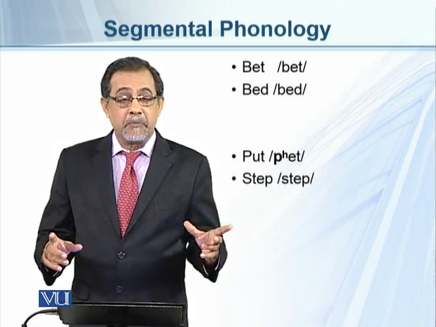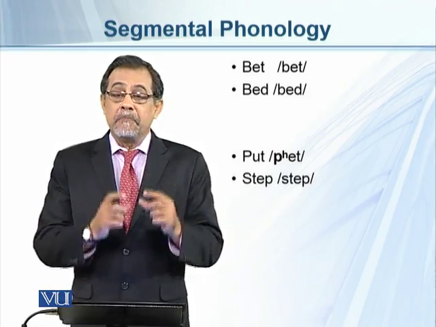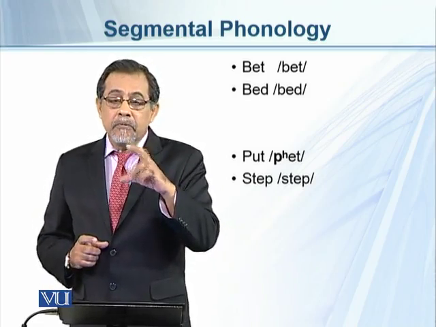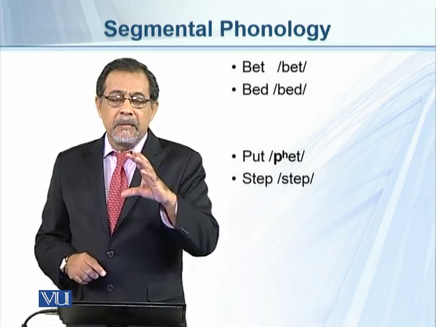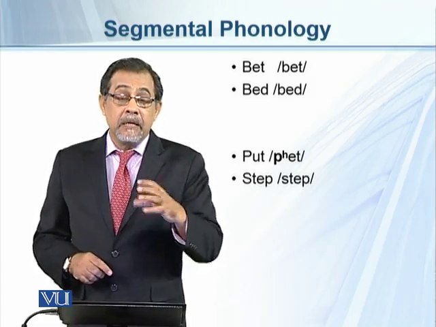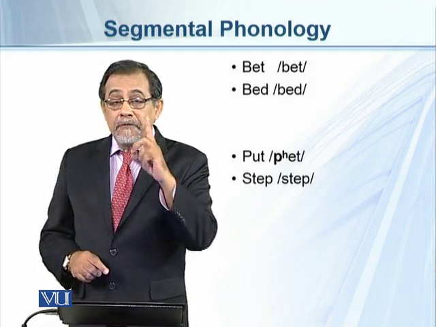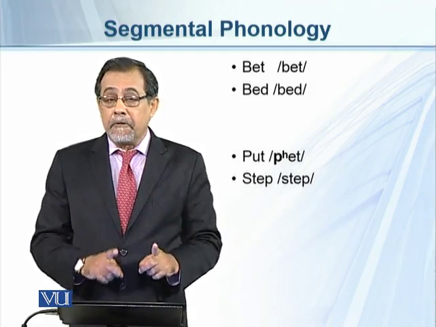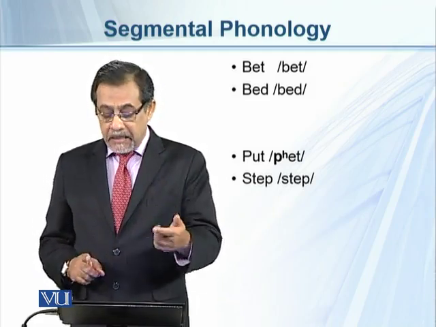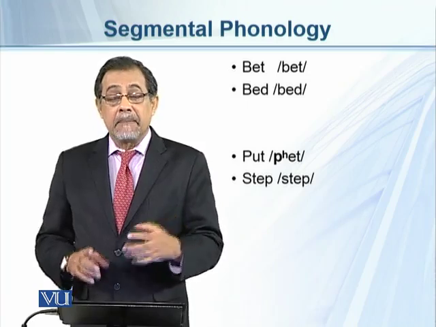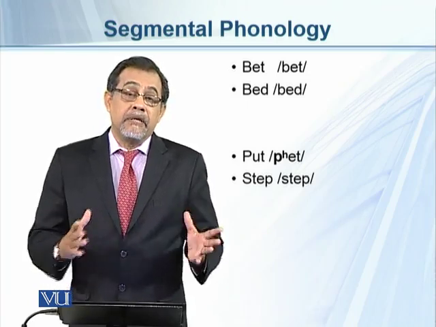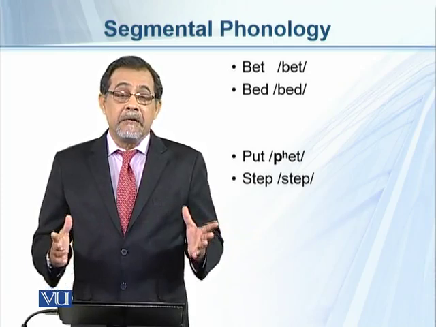It is not aspirated, right? So it means that we have two variants, in this example, of the same phoneme. This phoneme will remain the same in put and step, but there won't be any difference in meaning.